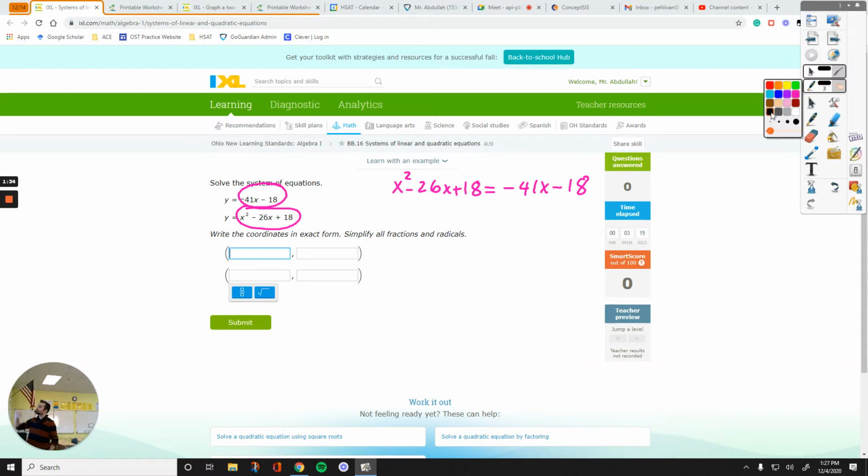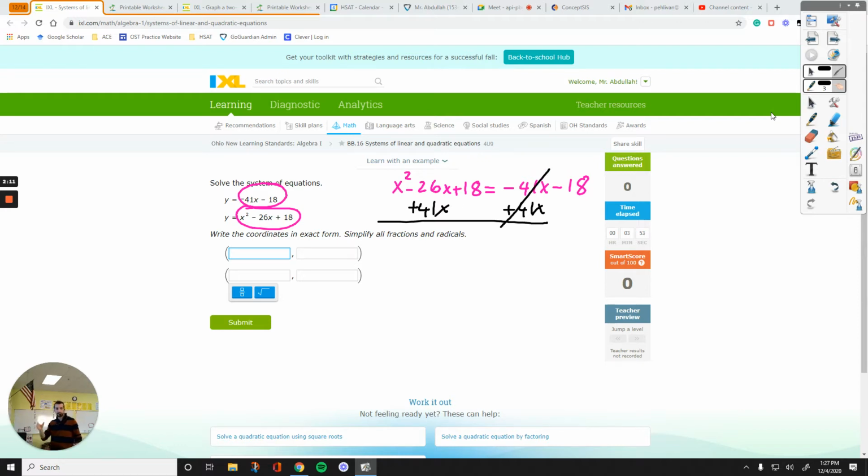So step 1. Since there's only one x squared and it's on the left side, I'm going to leave it over there and then put the x's together. So if we combine the x values, let's just add 41x to each side.